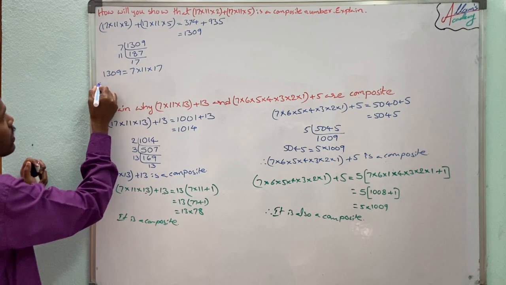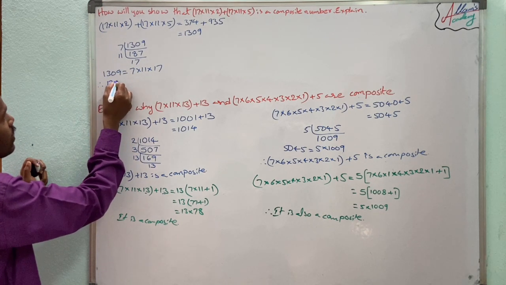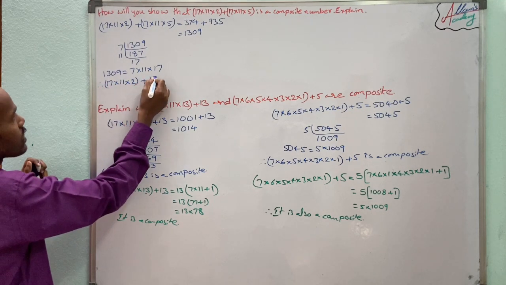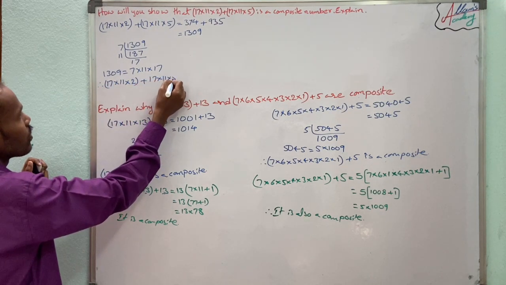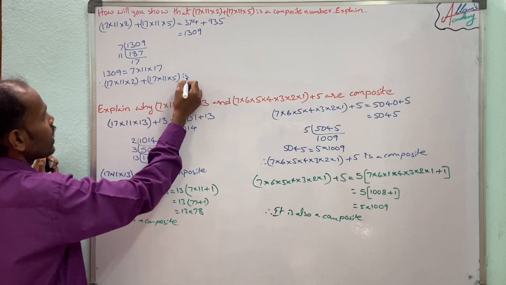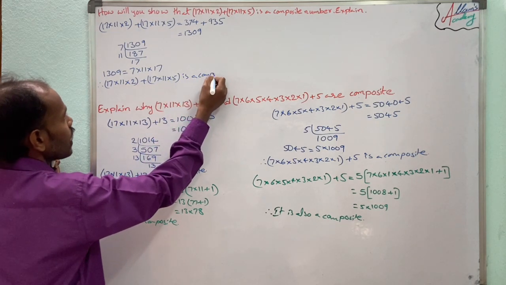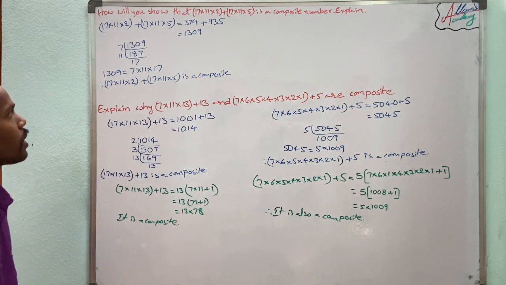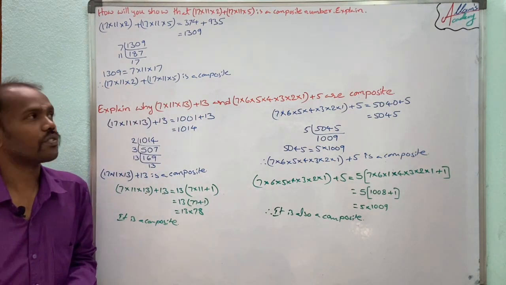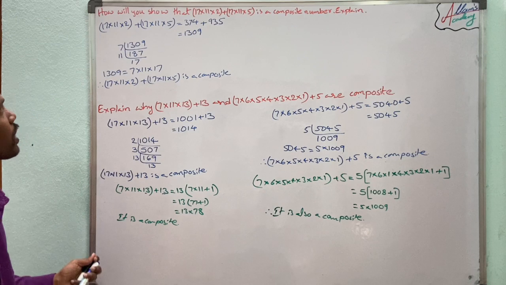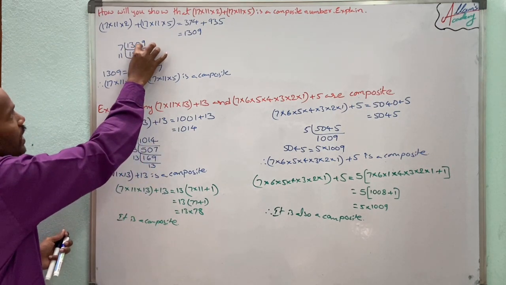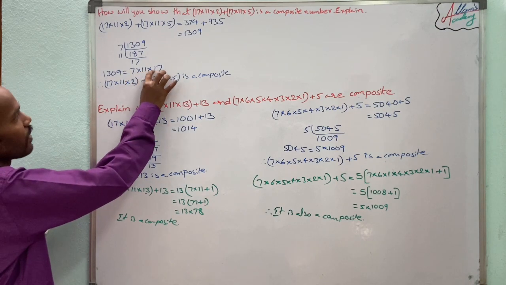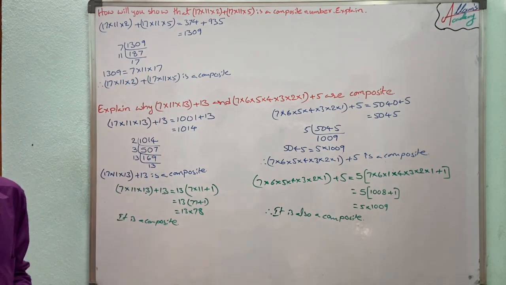So we can conclude that 17 into 11 into 2 plus 17 into 11 into 5 is a composite number. Why? Because it has extra factors: 1309, and 7, 11 and 17.